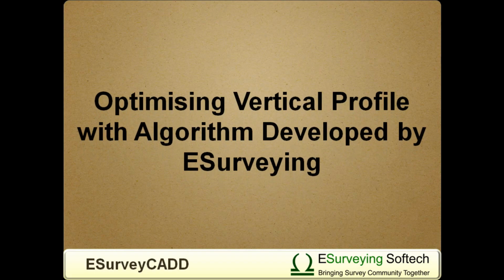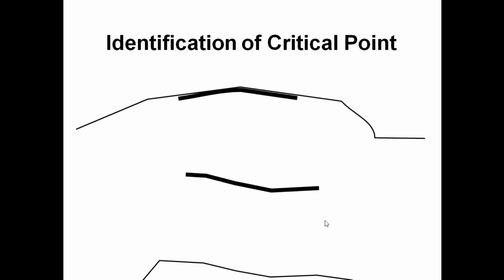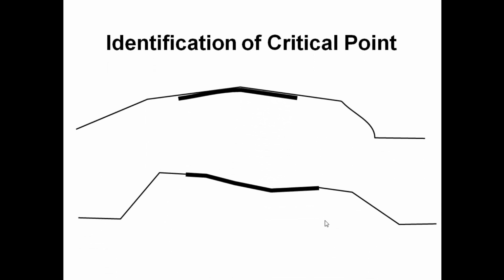Optimizing vertical profile with the algorithm developed by eSurveying. The algorithm is such that it finds the lowest feasible vertical point by processing critical points for proposed camber and/or superelevation to achieve more desirable results.